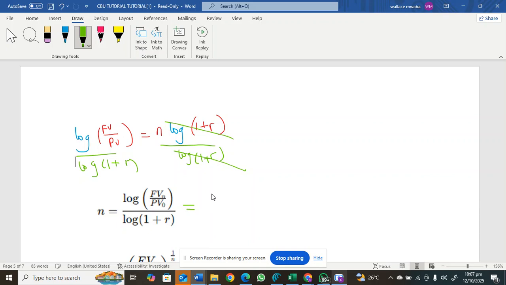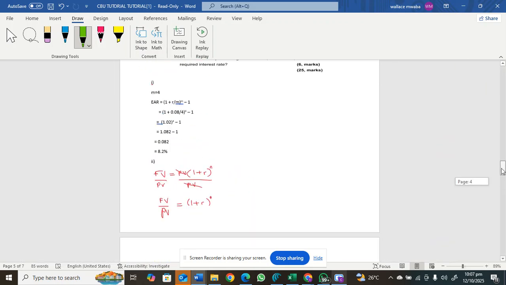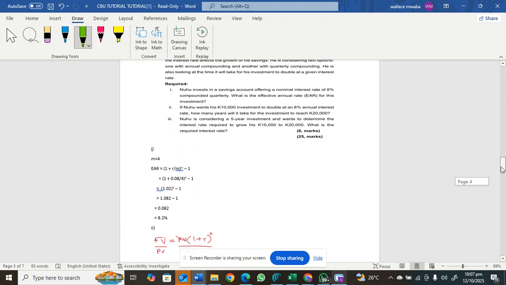So we're going to say log. Our future value in this question was how much? 20,000, since he wants his investment to double. So when we double 10,000, it becomes 20,000.